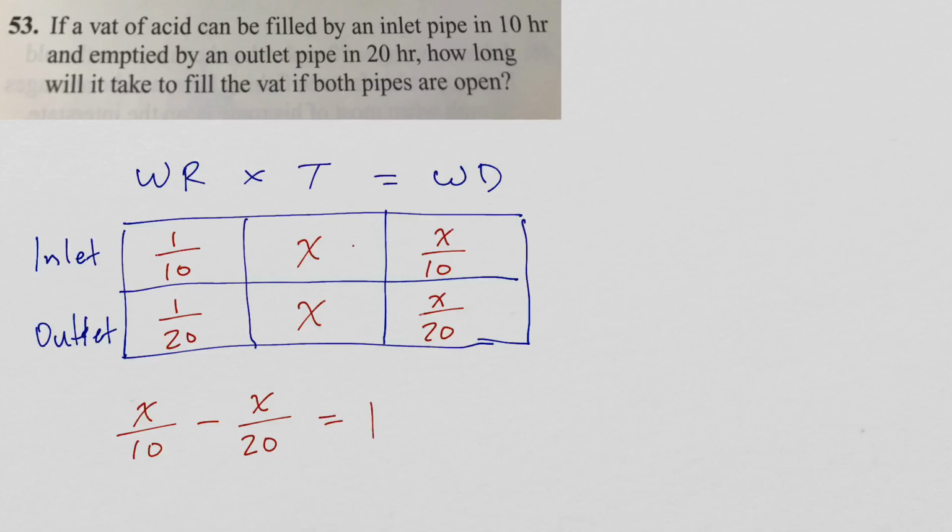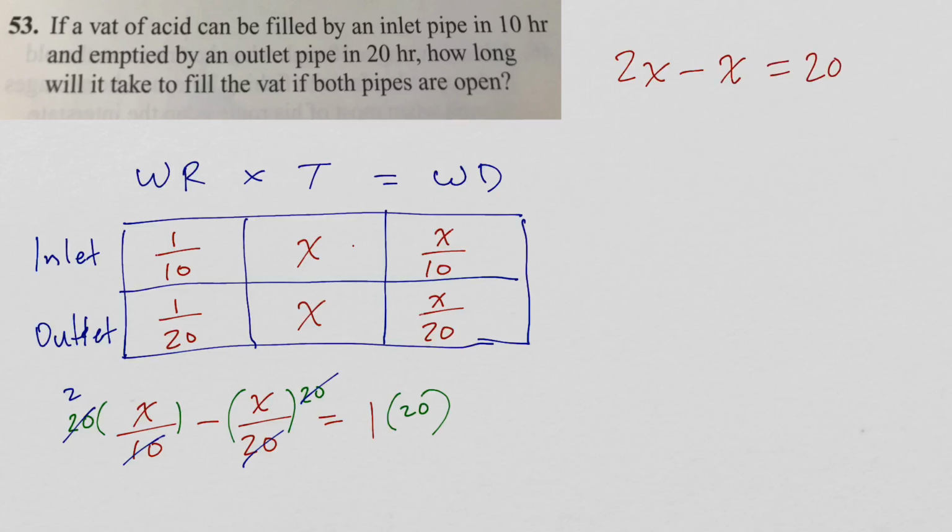So my common denominator is 20. So I'm going to take each of these and multiply by 20. This cancels and I get a 2. So I end up with 2x minus. This cancels and I just have a minus x equals, multiply, and I get 20. 2x minus 1x is 1x equals 20.